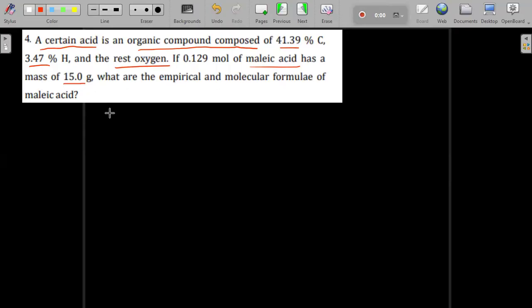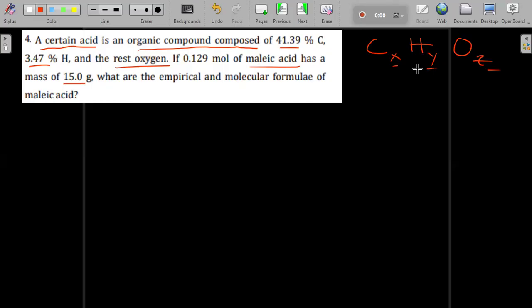All right, so the first step is to find the mass percentages of all the elements contained in that organic compound. We've been told that this organic compound contains carbon, hydrogen, and oxygen, so it will be CxHyOz, and we want to find these x, y, and z to find the molecular or the empirical formula.